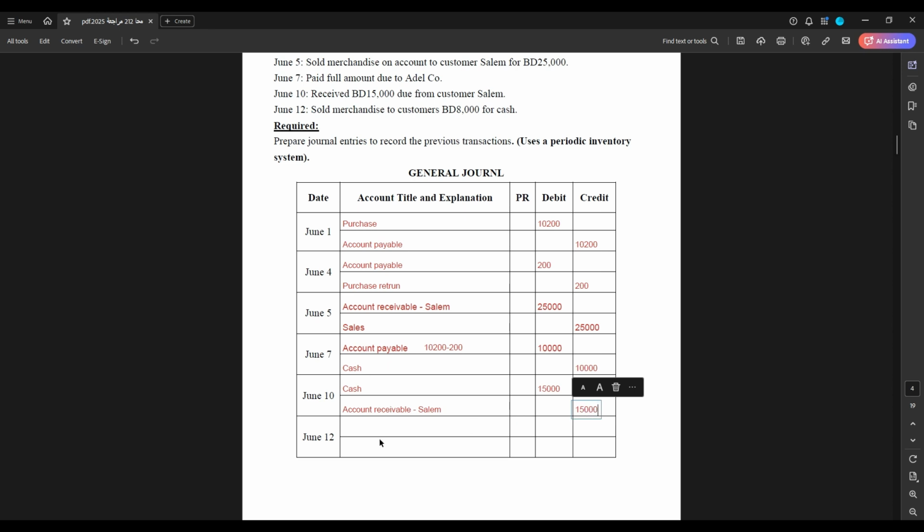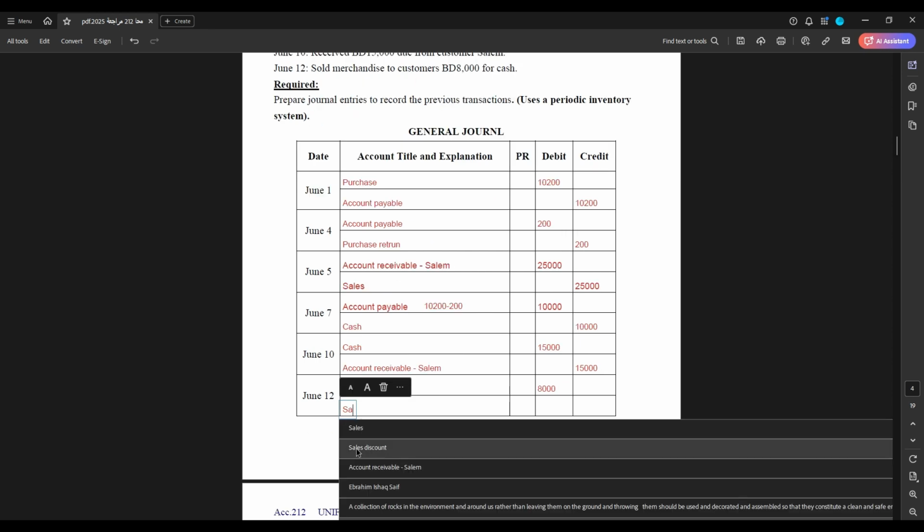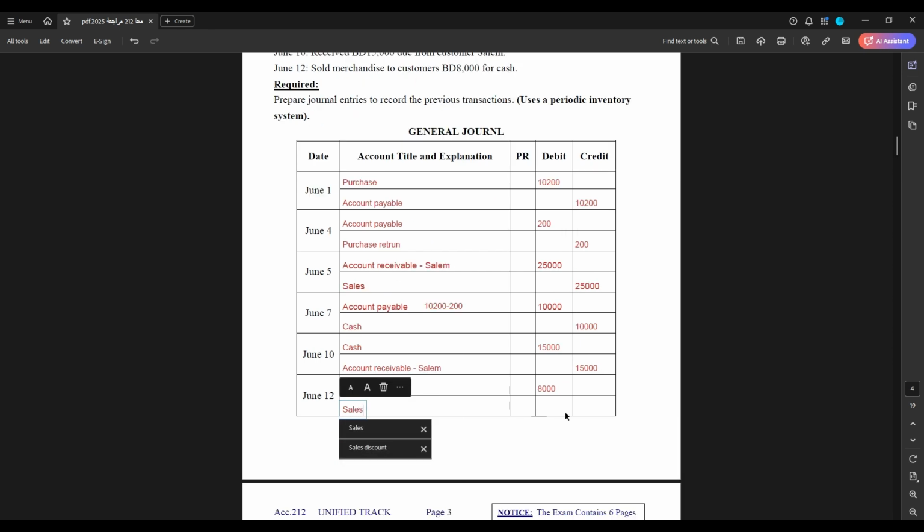On June 12, sold merchandise to customers 8,000 for cash. We have sales with cash, so we record debit cash 8,000, sales credit 8,000.